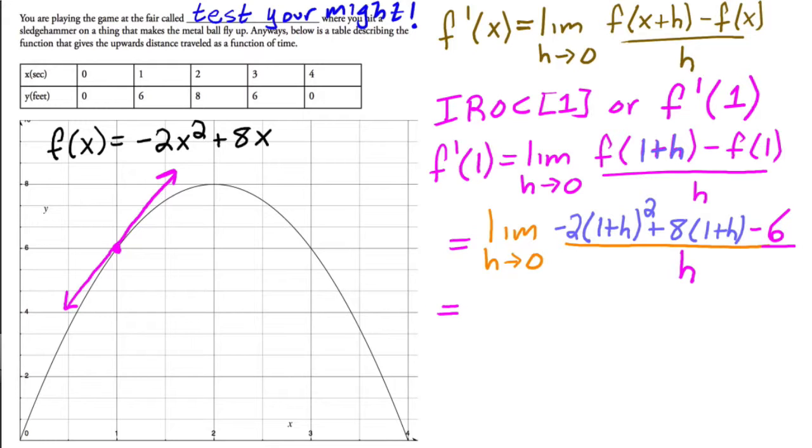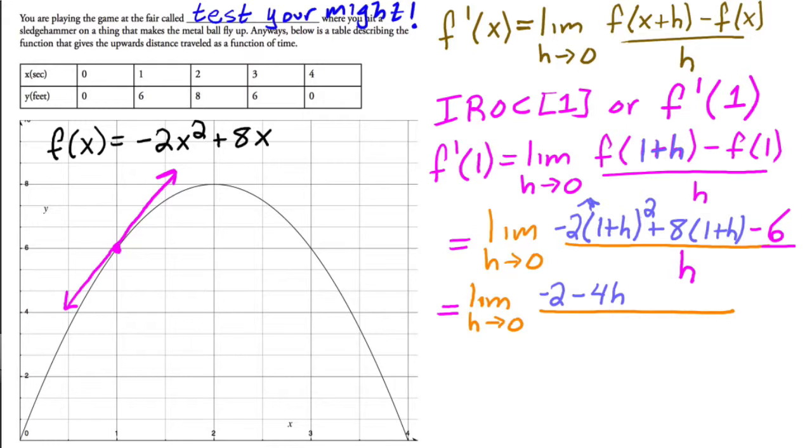Okay, so then I've got the limit as h approaches 0 of negative, if I FOIL this guy, 1 plus h squared, I would get negative 2 and then minus 4h. I'm also distributing the 2.